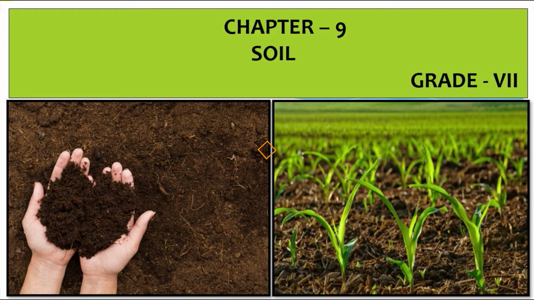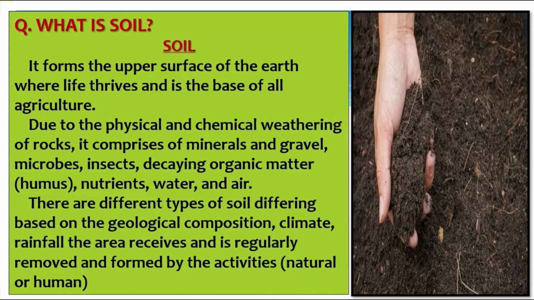So let's start. Students, the first topic of this chapter is what is soil. Students, soil is the upper surface of the earth where life thrives, and it is the basis of all agriculture that exists on earth.